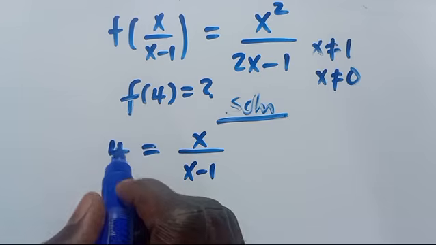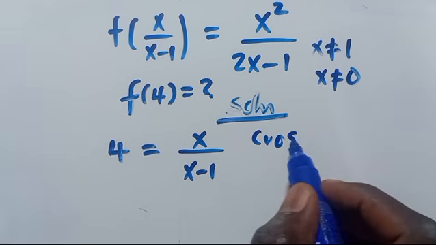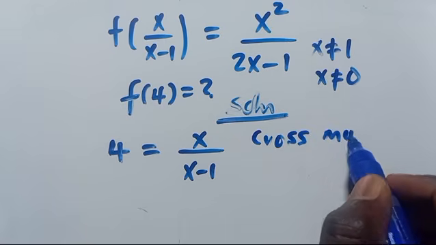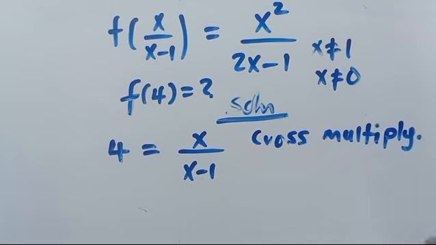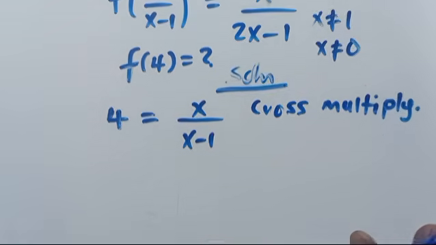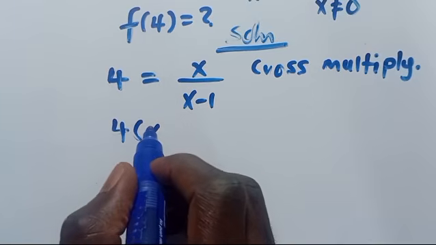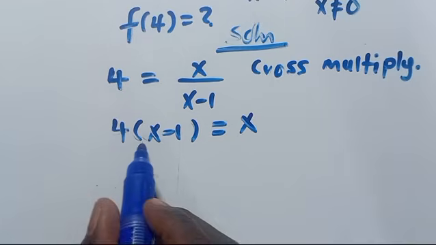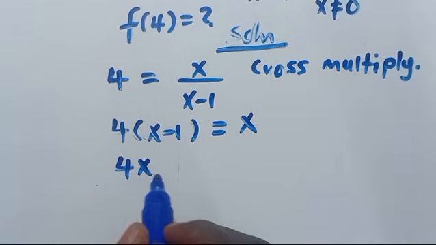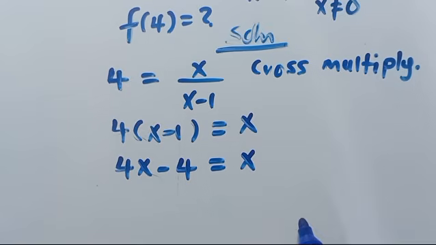If 4 equals this, then when we cross multiply, we have 4 times x minus 1 equals x. Then 4 times x will be 4x, 4 times 1 is 4, and this equals x.